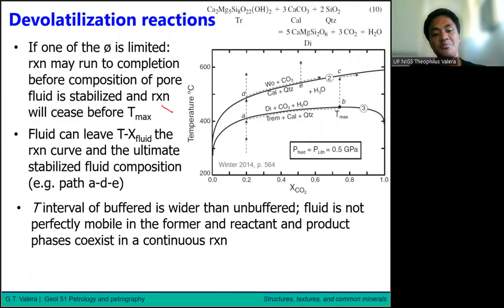So, yung sinasabi ko kanina, what if, for example, tremolite happens to be consumed completely before umabot sa Tmax.